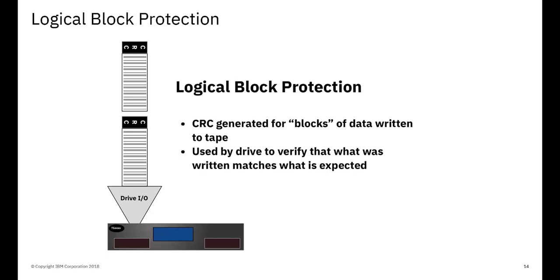And then the drives will validate during the read and write operations, and the Spectrum Protect server will validate that during its read operations. That makes sure that none of the data was corrupted when it's written out to the drives. Logical block protection can be turned on at the device class level with the LB protect option, and you can set it as either read-write or as write only.